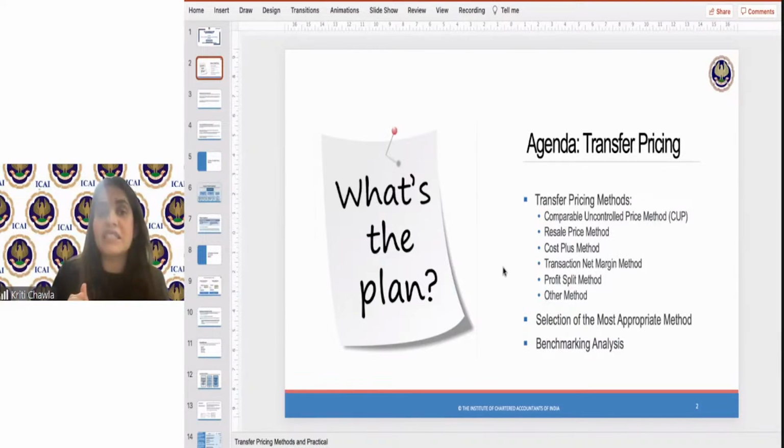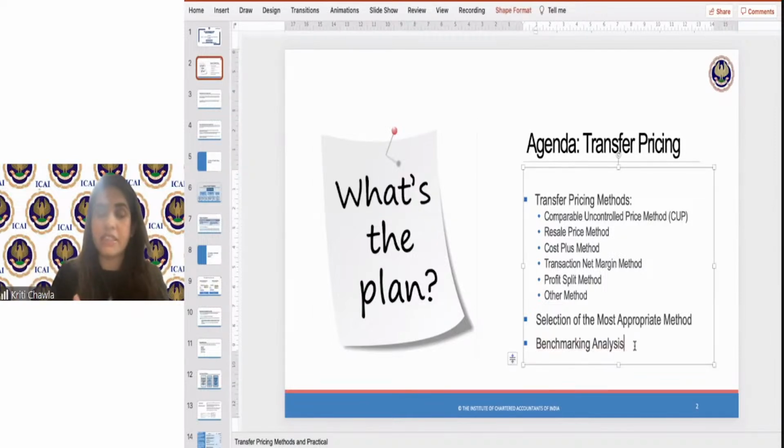If you have a client assignment dealing with transfer pricing situations, how do you deal with those methods in a practical scenario? That is benchmarking analysis. That basically means finding comparable companies. But before that, I need to explain what exactly comparable companies are, why we are finding comparable companies, etc. So we'll take it step by step today. That is really the plan for today.